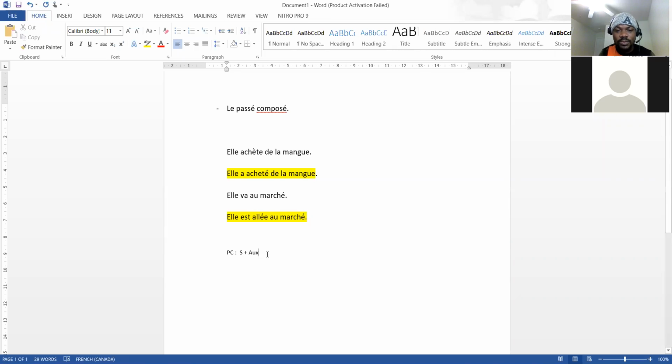Now the auxiliary could be avoir or être, which is in simple present, plus the past participle, so I call it PP, of the main verb.